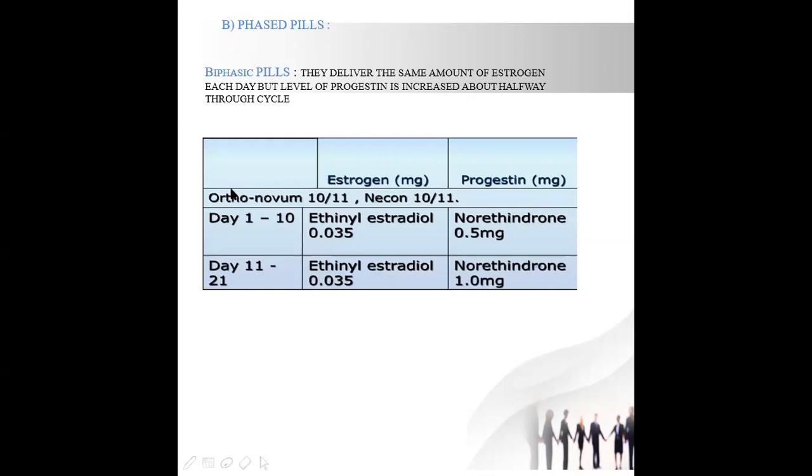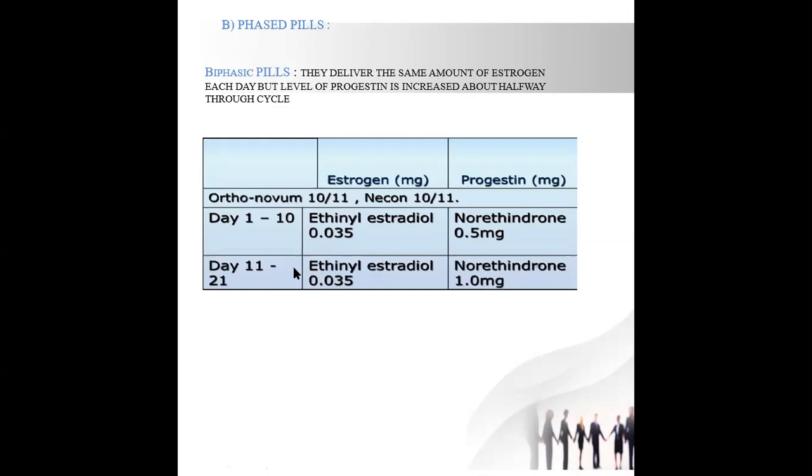If you look at this Orthonovum 10/11, on days 1 to 10, ethinyl estradiol is 0.035 milligrams, whereas norethindrone is 0.5 milligrams.